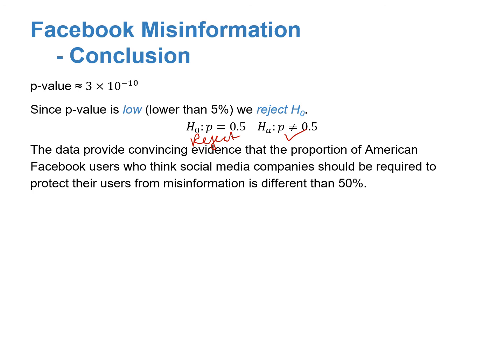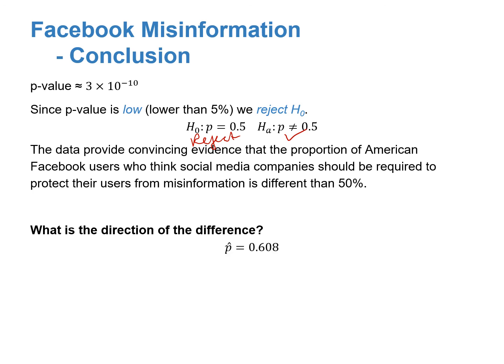Now, knowing that it's different from 50% isn't nearly as useful as if I can figure out which direction the difference is in. So once I've rejected the null hypothesis and concluded that there is a difference, I want to figure out the direction of the difference. This is very easy to do because all I have to do is look back at my sample data.